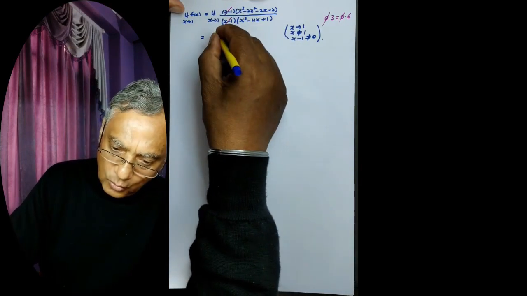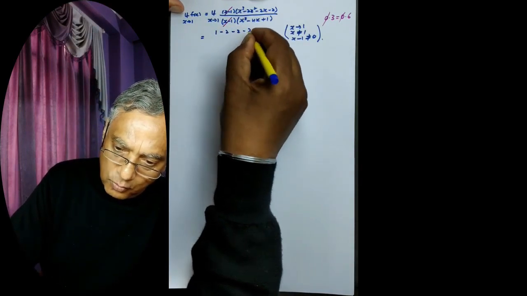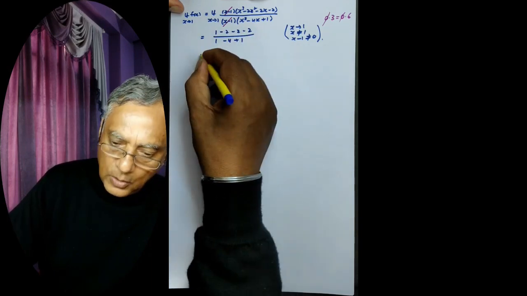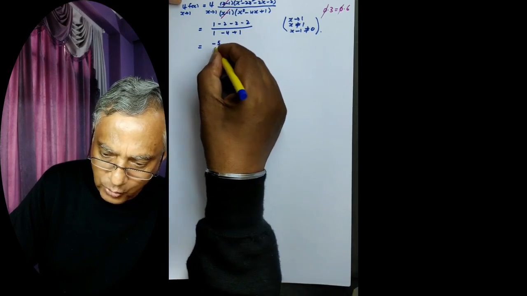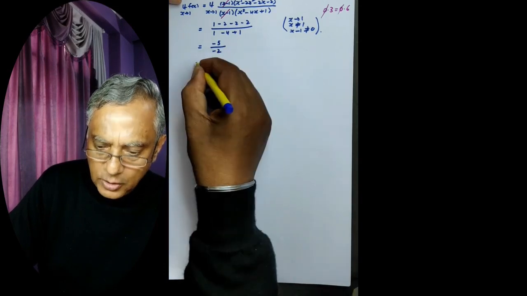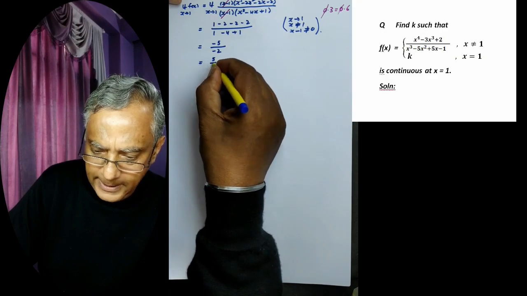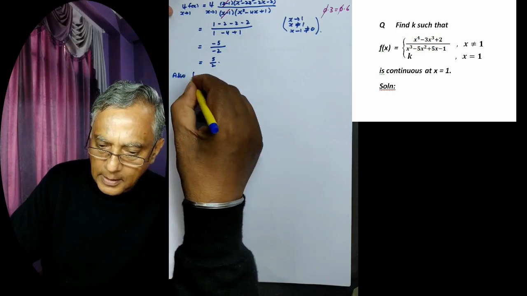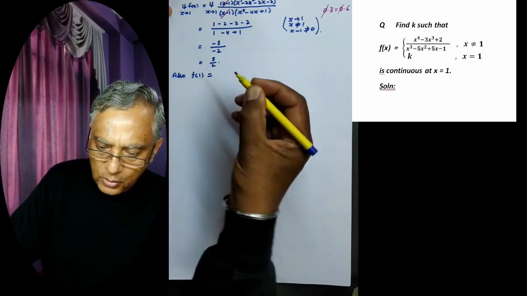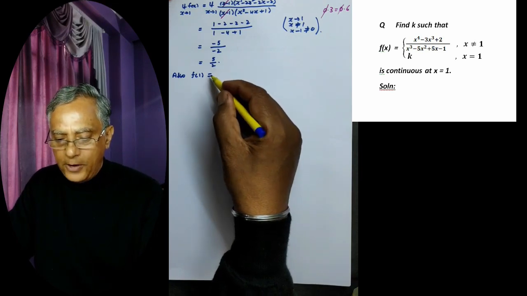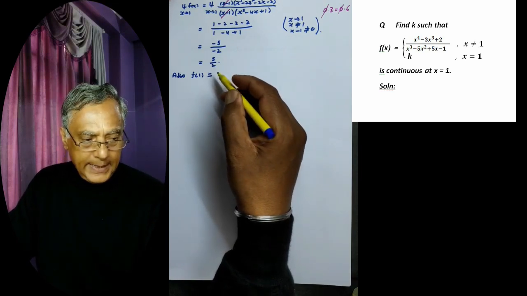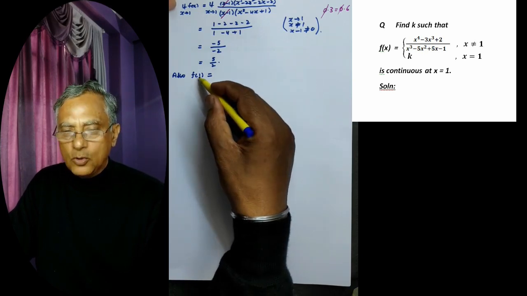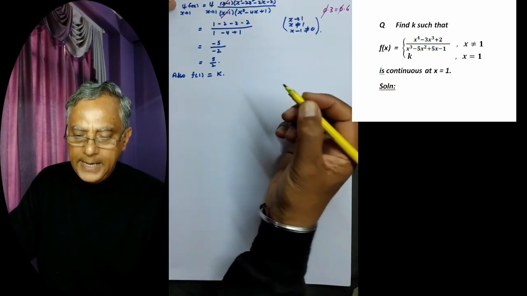and therefore we can directly put the limit x equal to 1: 1 minus 2 minus 2 minus 2 whole divided by 1 minus 4 plus 1. So this is equal to minus 5 over minus 2, which is equal to 5 by 2. Also, f at 1 is equal to, now in the statement of the function, what we see is that the function is equal to k when x is equal to 1. So when x equals 1, the value of the function is given to be k.